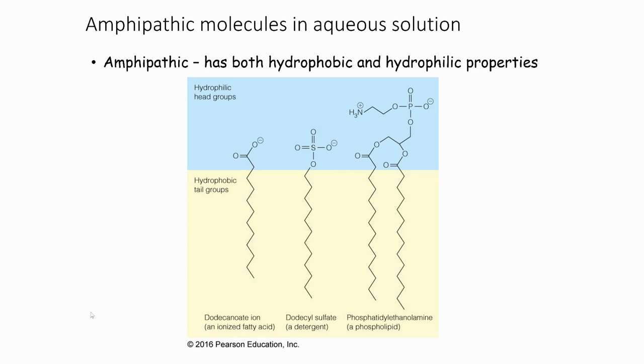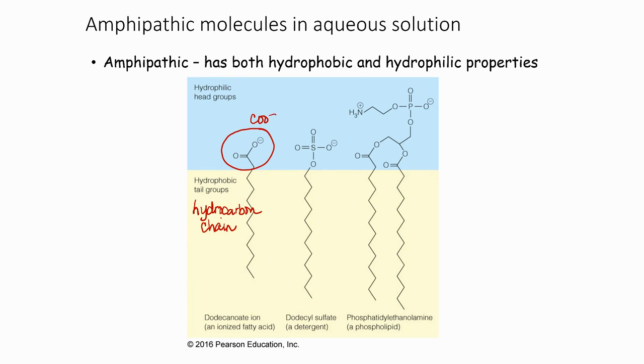A fatty acid has a hydrophobic group, our hydrocarbon chain, and that's going to be hydrophobic. Then the charged ion, the carboxylate group up here, would be the hydrophilic part. So this would be our COO minus.